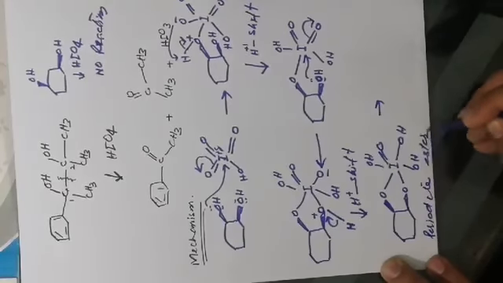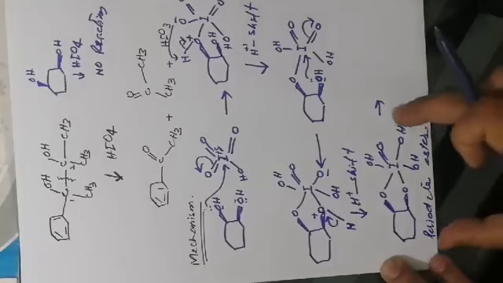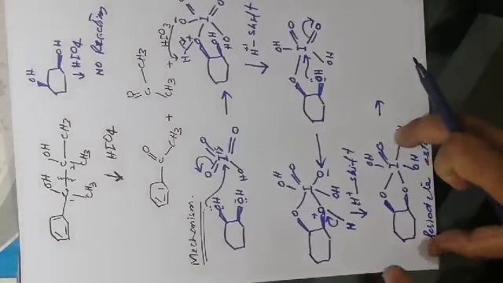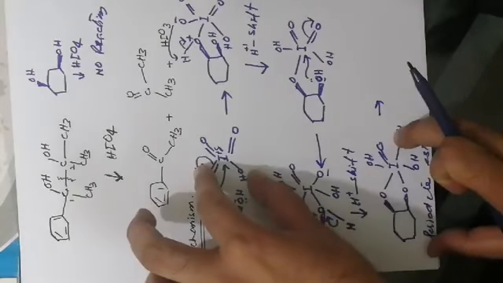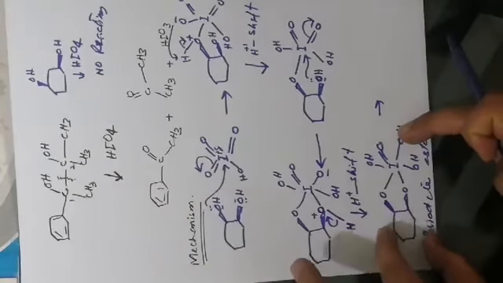So in the first step, what actually happens when the vicinal diol reacts with periodic acid is that you get the periodate ester.